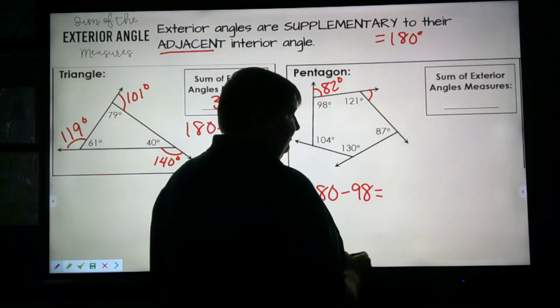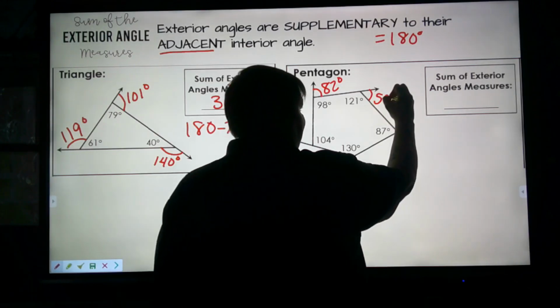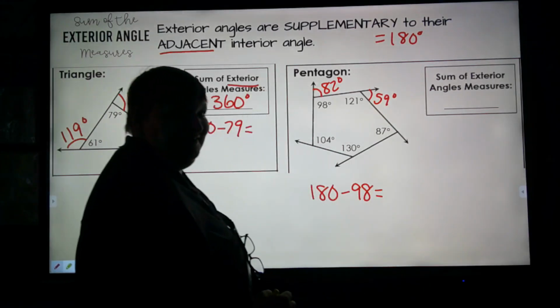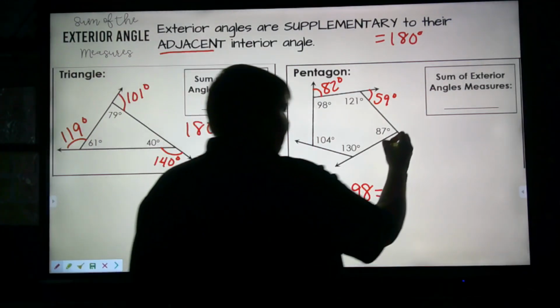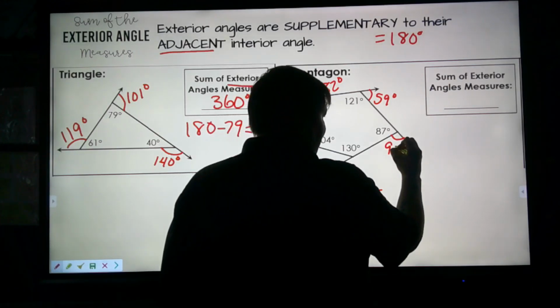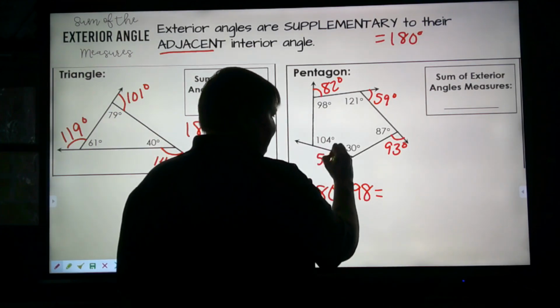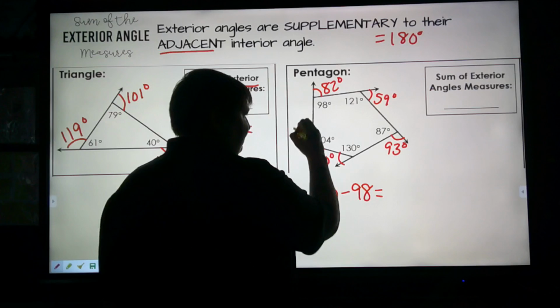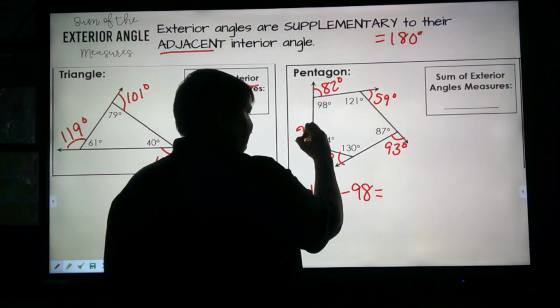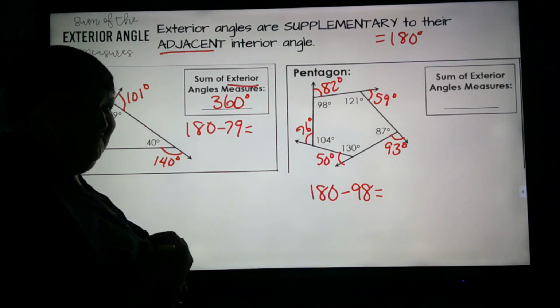This angle would be 59 degrees. Double check my math. Get a calculator. Do it twice. This angle would be 93 degrees. This angle would be 50 degrees. And this angle would be 76 degrees. If I'm wrong, call me on it and I'll give you a bonus.